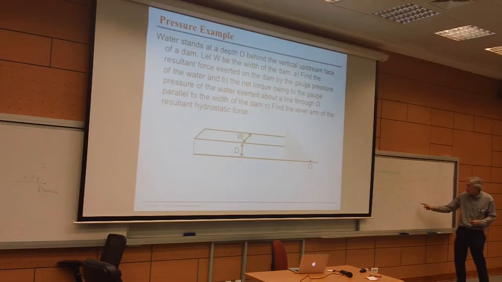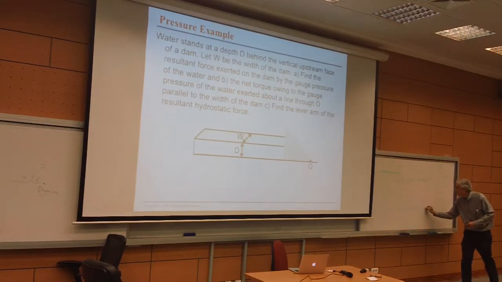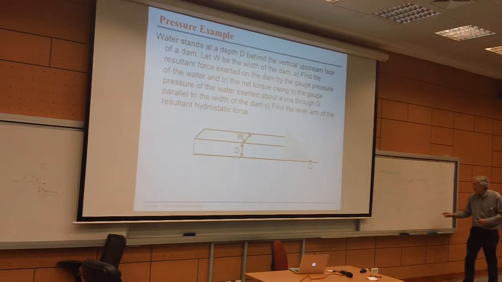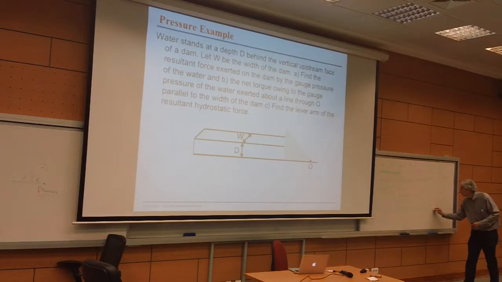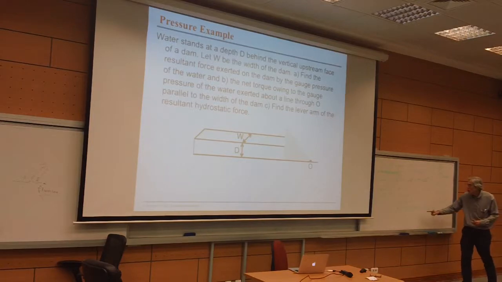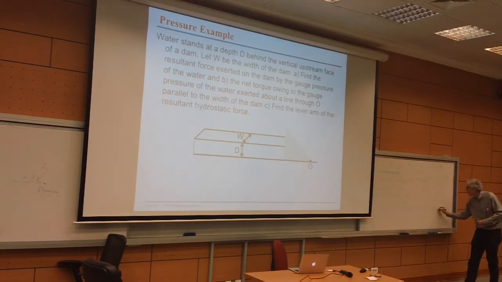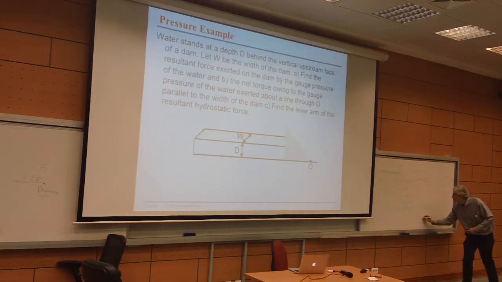So let's remove all the constant parts. I have rho g w, and then I'm going to have the integral of d times y times dy, and then minus y squared times dy. So this is equal to rho g w.